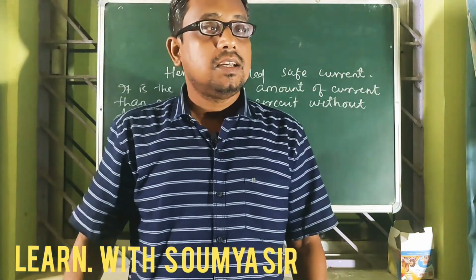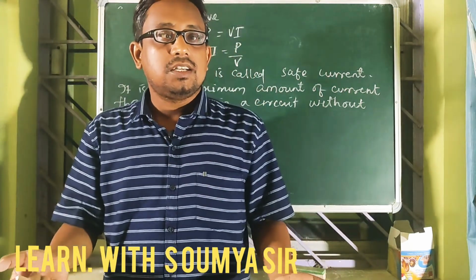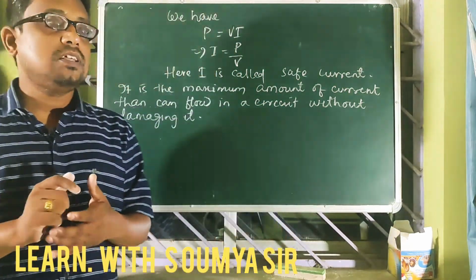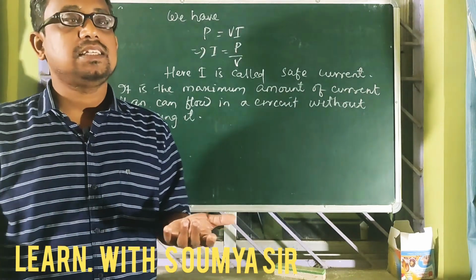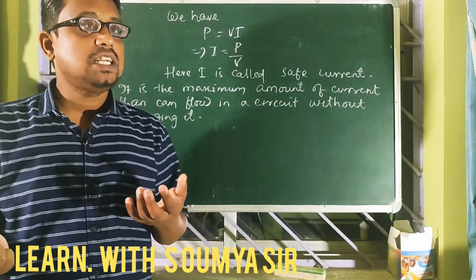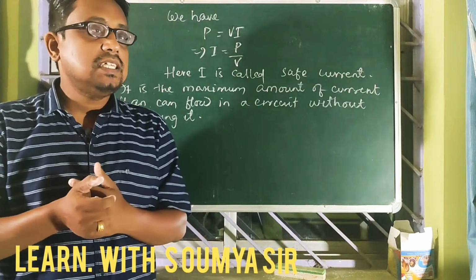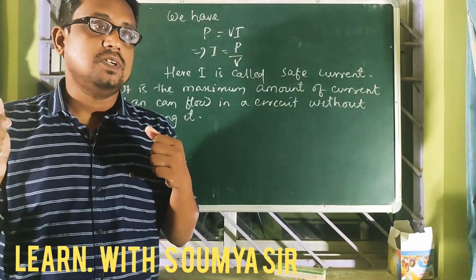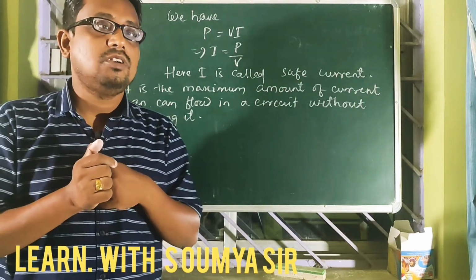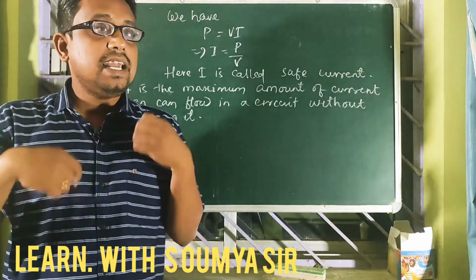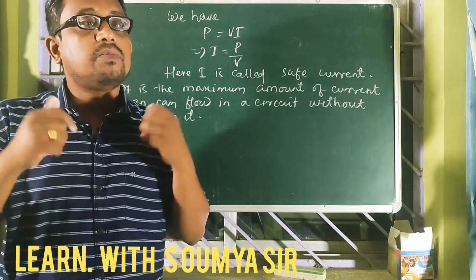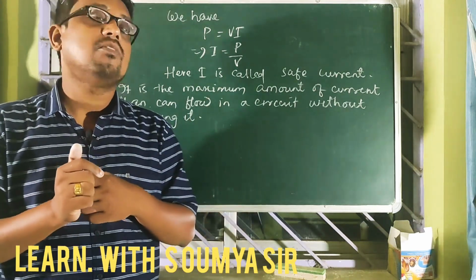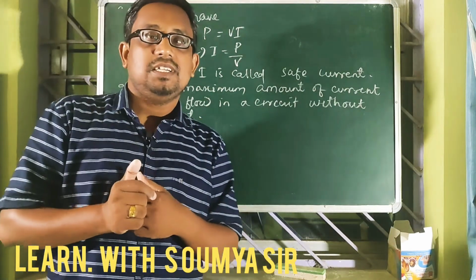That means the maximum current which can flow in the electric circuit without damaging the electric circuit. Suppose the electric circuit is designed to allow 10 ampere of current to flow. So the 10 ampere of current is the maximum current which can flow without damaging the circuit, or we can say that is the safe current.